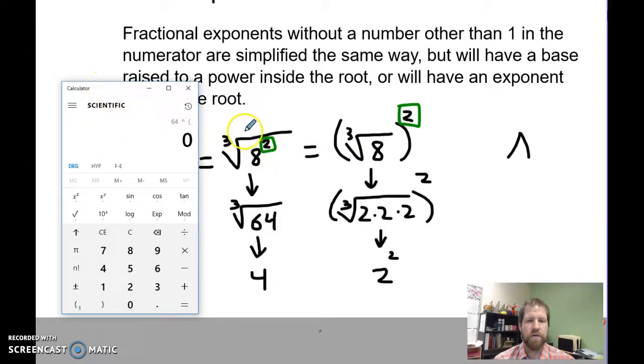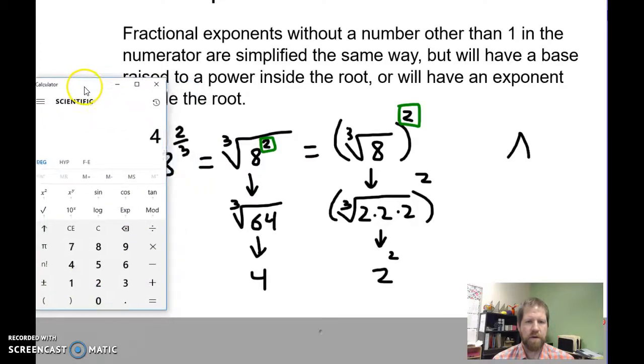You'll raise it up to the, and this is where we use our idea that a root is the same as a fractional exponent, so 64 up to the 1/3 power, and then that is equal to 4. That's how you're going to do it on the calculator most of the time.